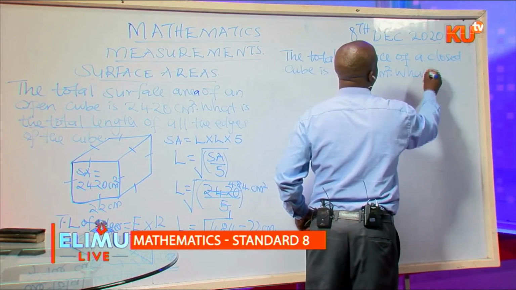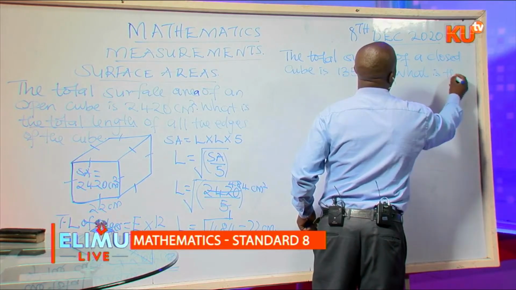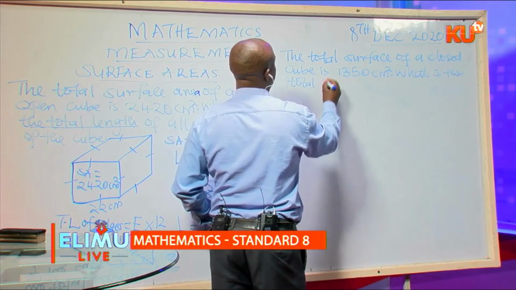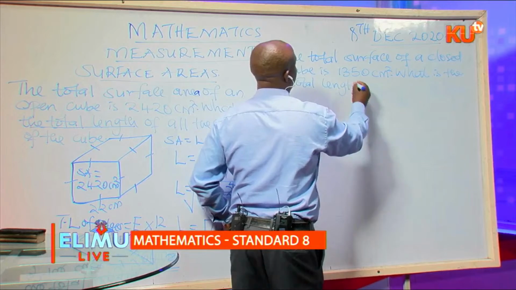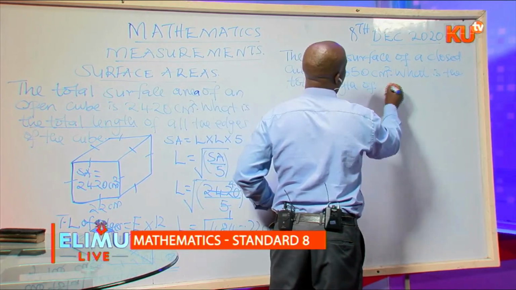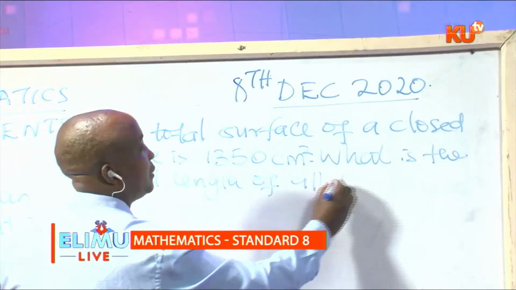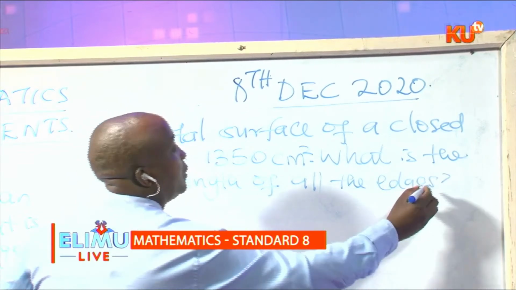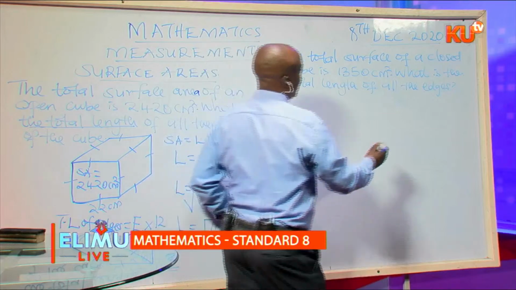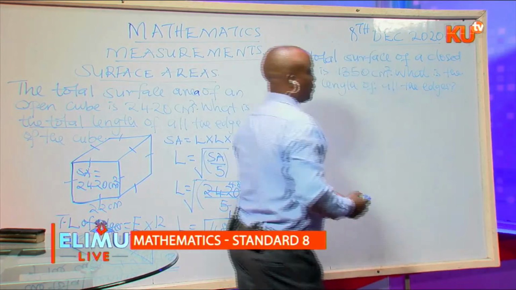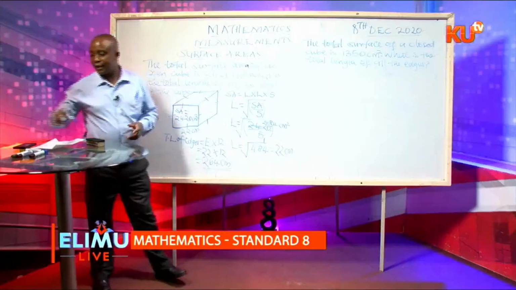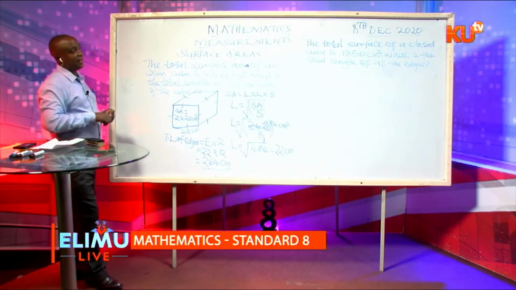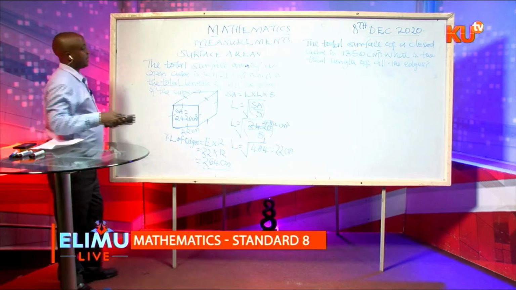So what is the total length of all the edges? So we have that the total surface area of a closed cube is 1,350 square centimeters. What is the total length of all the edges?